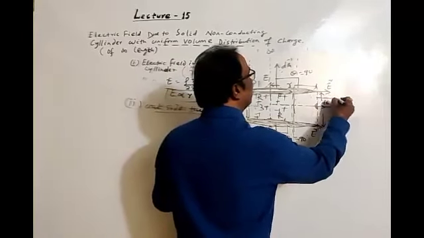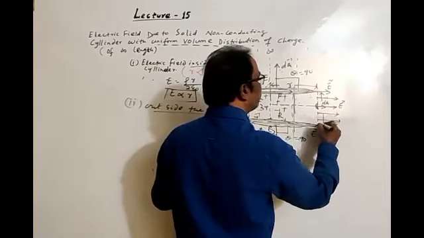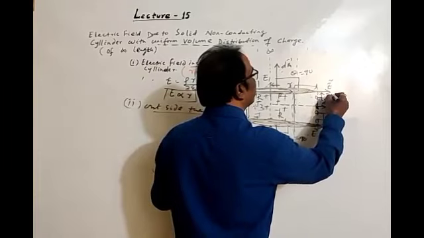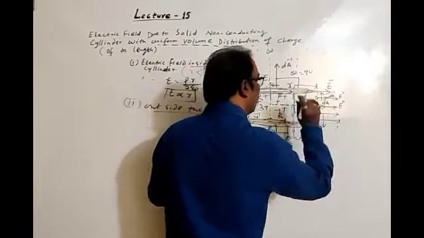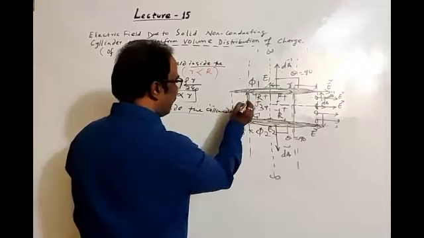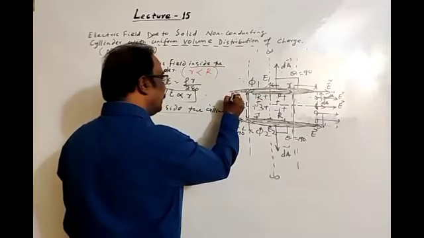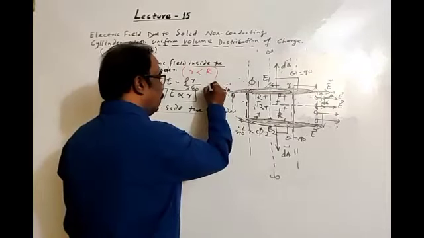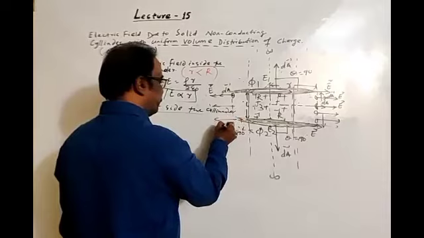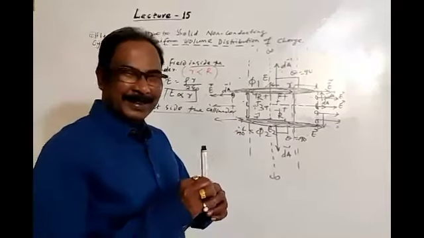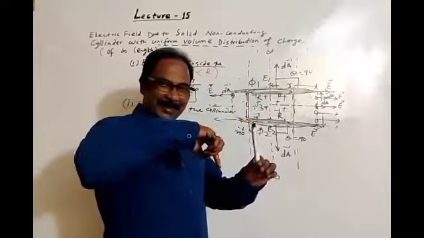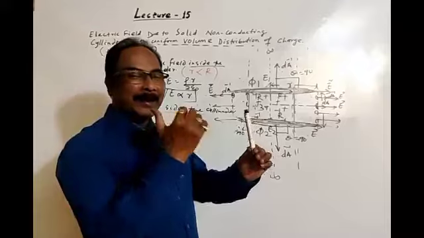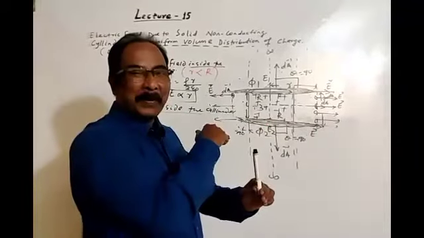So you may take a number of electric field lines and elemental areas dA, and in every case the angle between E vector and dA vector is 0 degrees. Just imagine this is the cylinder and this is the Gaussian surface. All around the Gaussian surface, the electric field and the area vectors are in the radially outward direction.